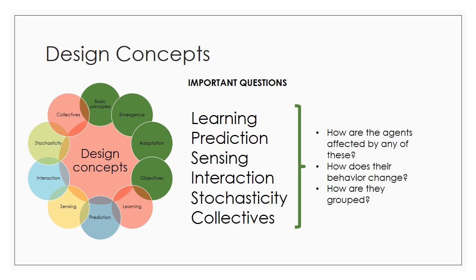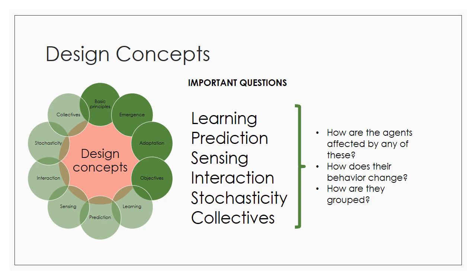We have just considered the questions around the first 4 big design concepts. And of course, there are 7 more because we have 11 in total. We still have learning, prediction, sensing, interaction, stochasticity, and collectives. And the questions that concern each of these areas are specifically related to how are the agents affected by any of these areas.